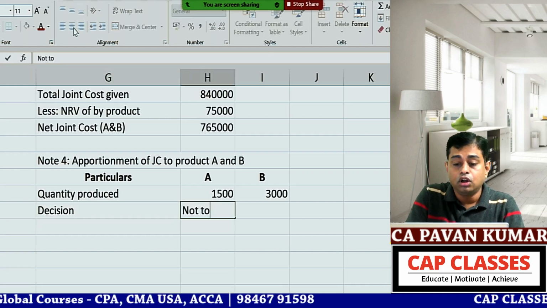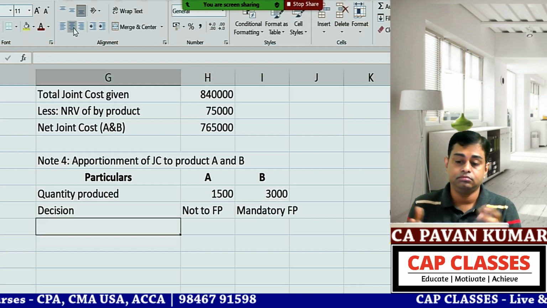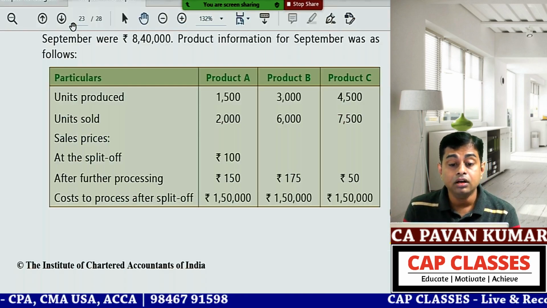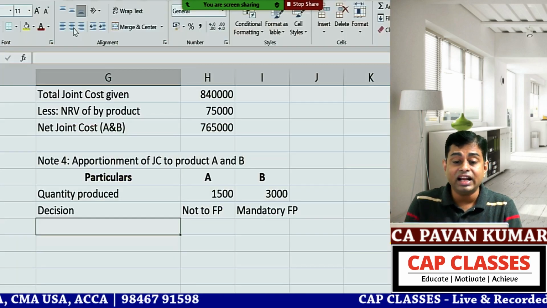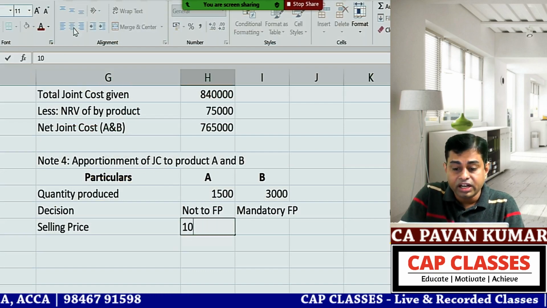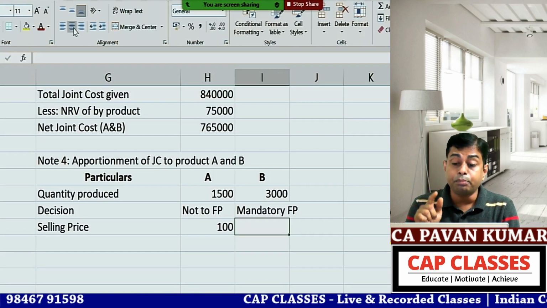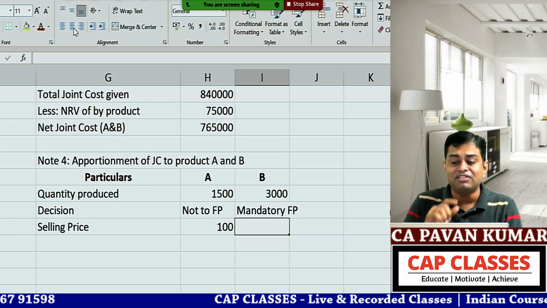Decision not to further process, mandatory further process. There is no other option for B. So what is the selling price for product A? I will take 100 rupees. I take 100 rupees because I am taking the selling price at split off point. For product B, after further processing, 175.